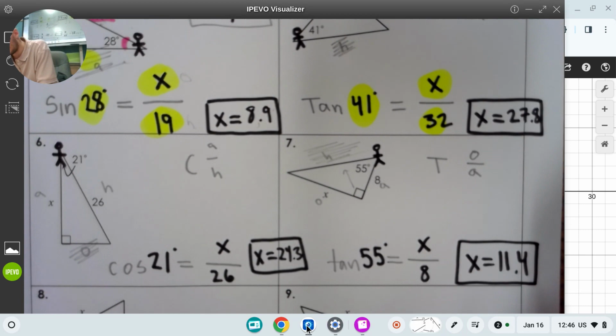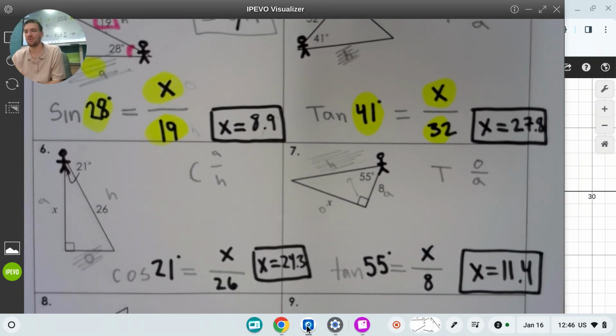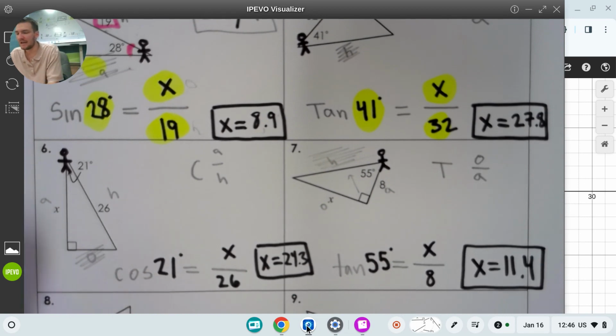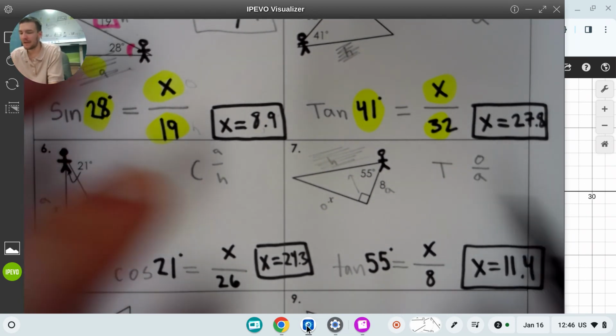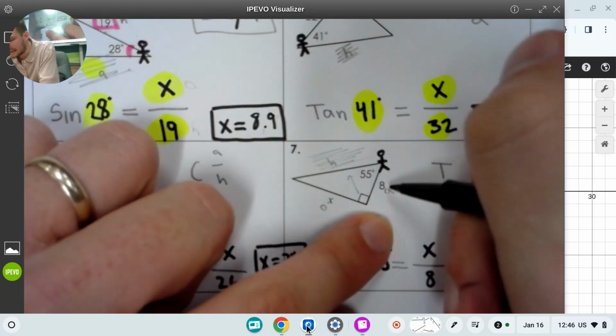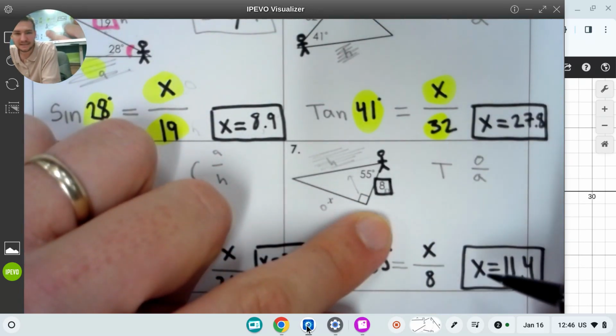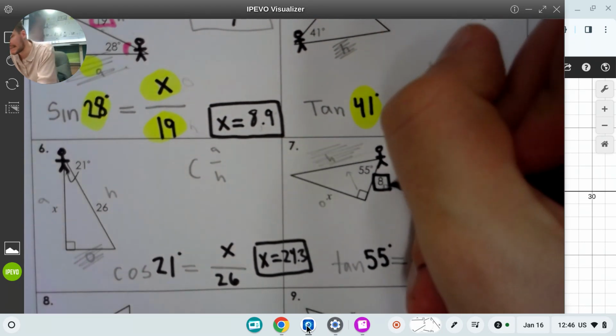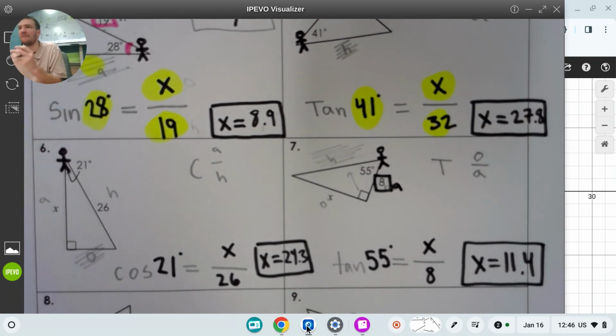So, the key here, as far as choosing sine or choosing tangent or choosing cosine, is to look at what sides are important, right? So when I see this, the 8 is always going to be important because they gave me that information. That's an A. So whichever one I choose, better incorporate adjacent, right?